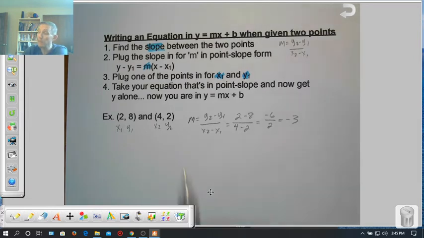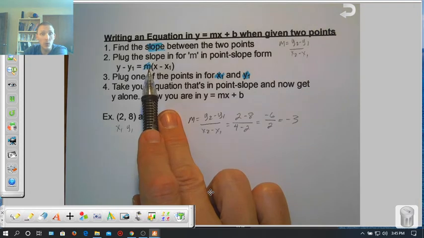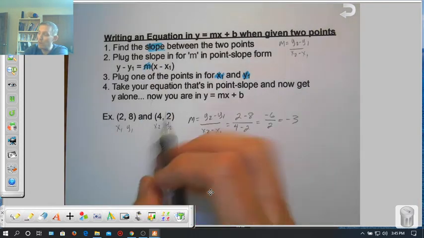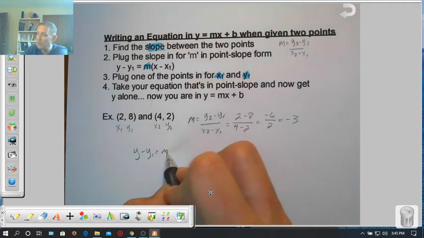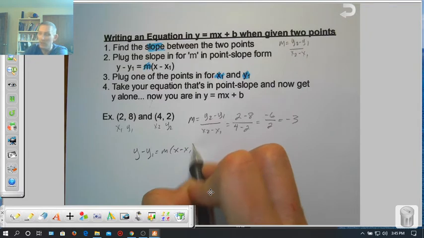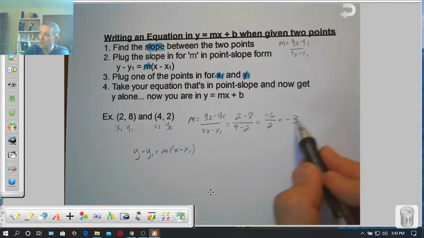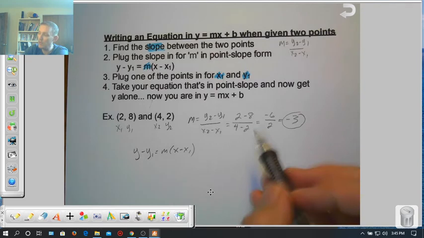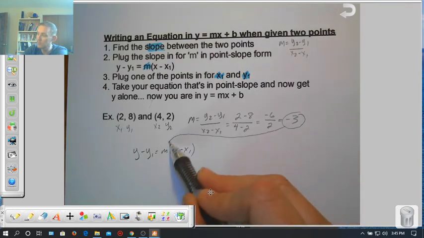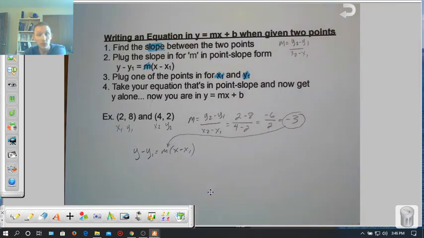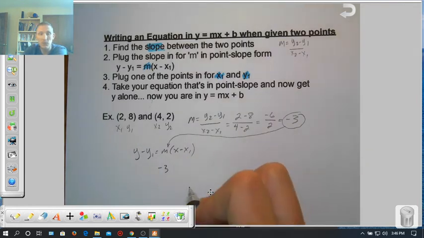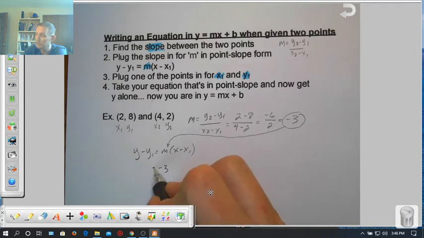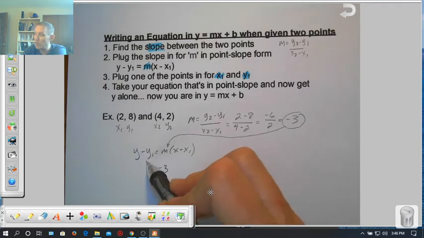I'm going to take this negative 3 and plug it in right here for the letter m. So I'm now going to write my equation in point slope. So y minus y1 equals m, x minus x1. This negative 3 right here, I'm going to plug in for the letter m because that's where slope goes. So I'm going to put a negative 3 right there. Now the other 2 clues are right here, y1 and x1.